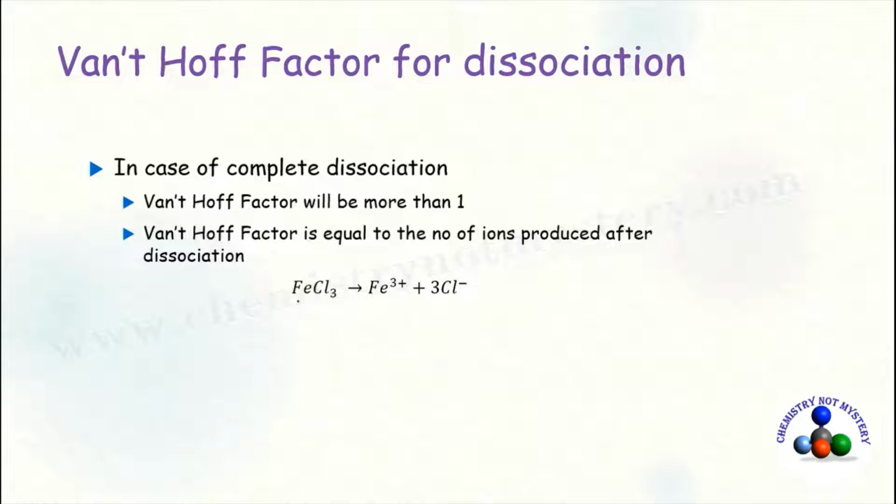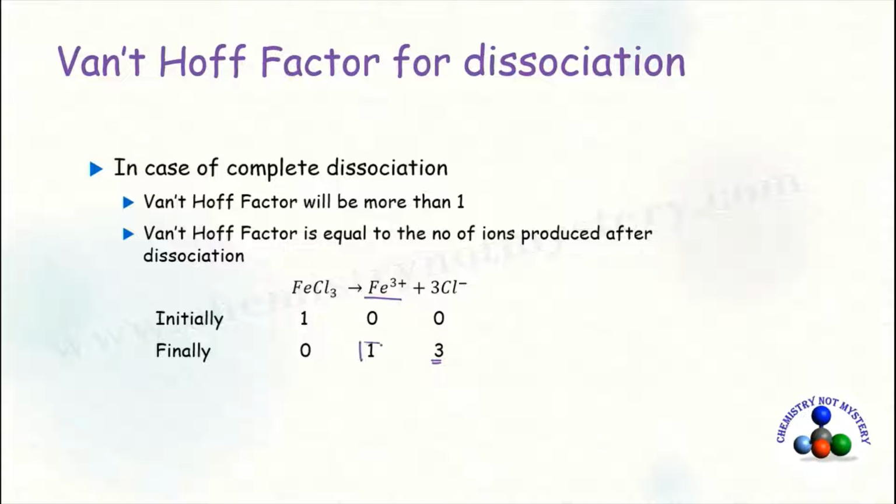In case of FeCl3, initially there will be 1 mole of FeCl3 and 0 moles of Fe3 plus ion and 0 moles of Cl negative ion. But after dissociation, all 1 mole of FeCl3 will dissociate into Fe3 plus ion and 3 Cl negative ions. So finally, you will get 0 moles of FeCl3 but 1 mole of Fe3 plus ion and 3 moles of Cl negative.